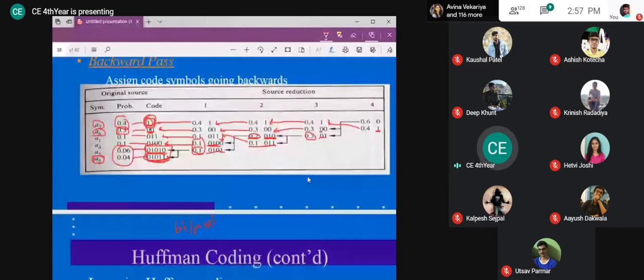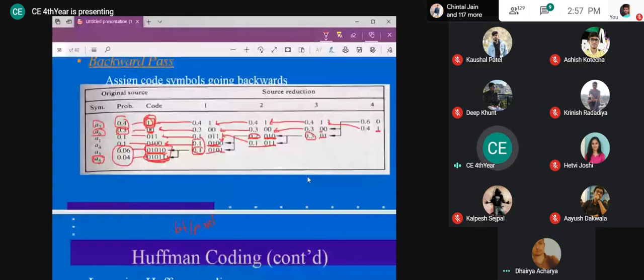What I want to know is, what is the average length of the code word? That is my requirement. Suppose my requirement is to find out the average length of the code.